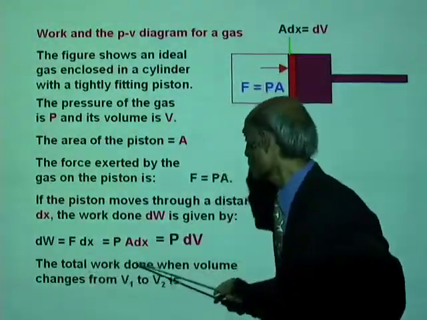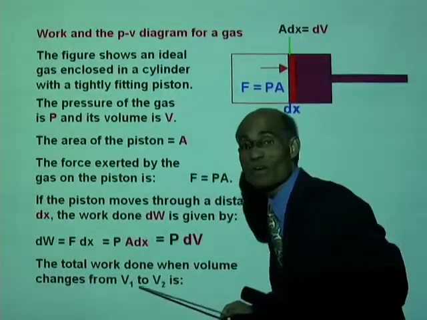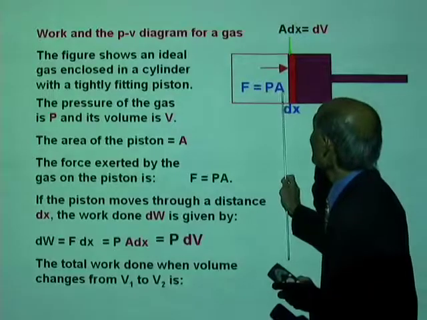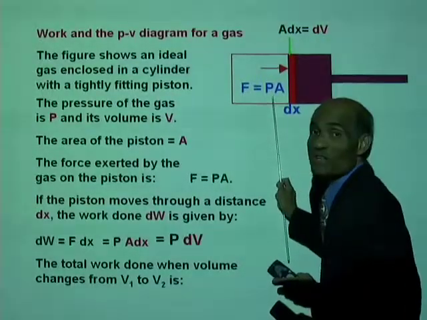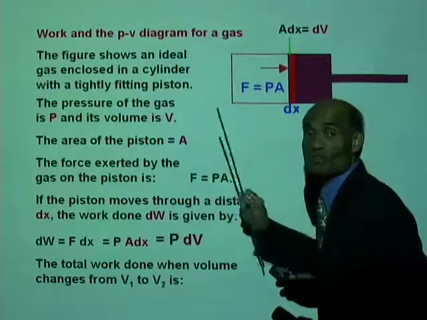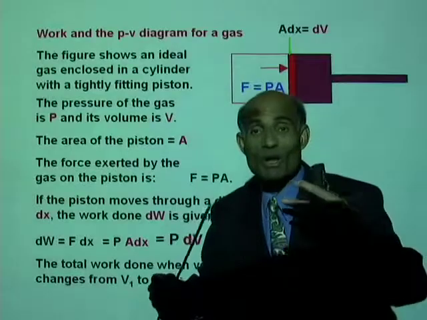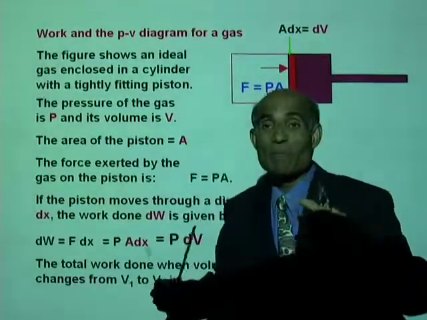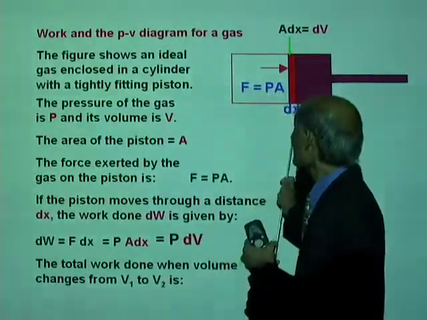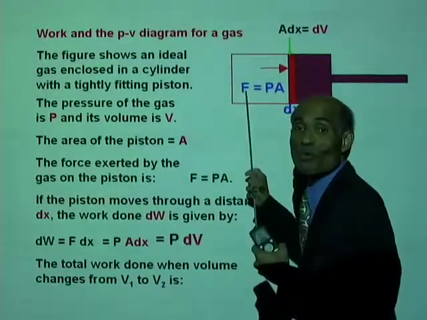Now, the total work done when the volume changes from the initial volume V1 to the final volume V2 will be given by an integral. Why do we have to integrate? Because as the volume increases, the pressure will change, and the force will change.